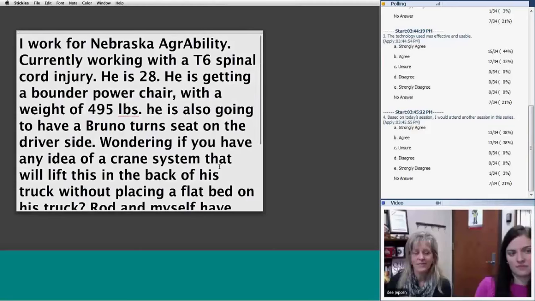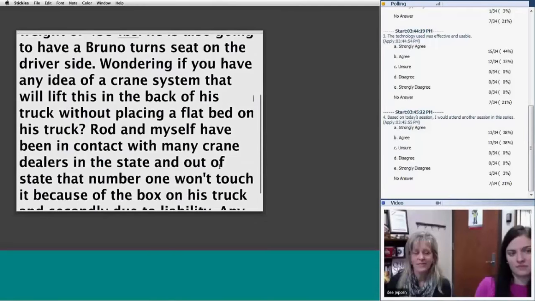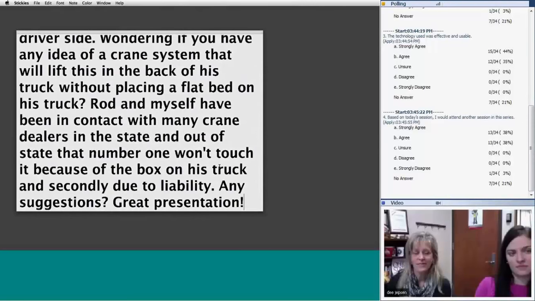Wondering if you have any idea of a crane system that will lift this in the back of his pickup truck, without placing a flatbed on his truck. Rod and myself have been in contact with many crane dealers in the state and out of state. Number one, they won't touch it because of the box in his truck, and secondly, due to liability. Any suggestions? Great presentation.